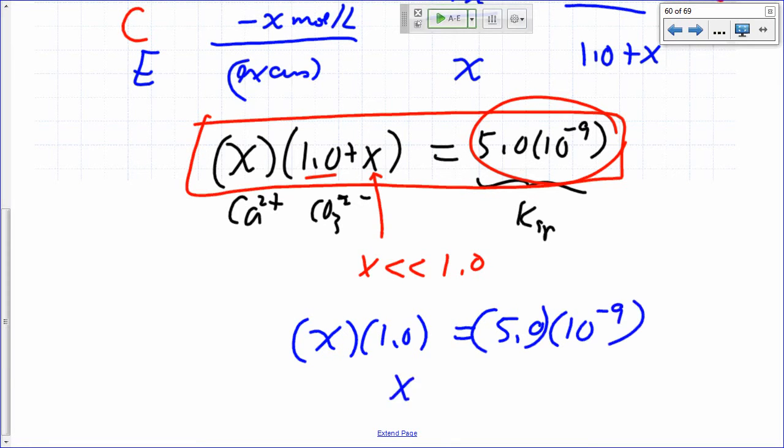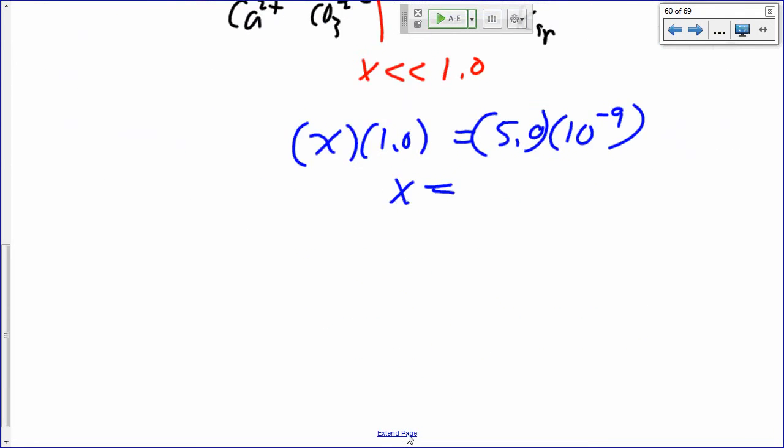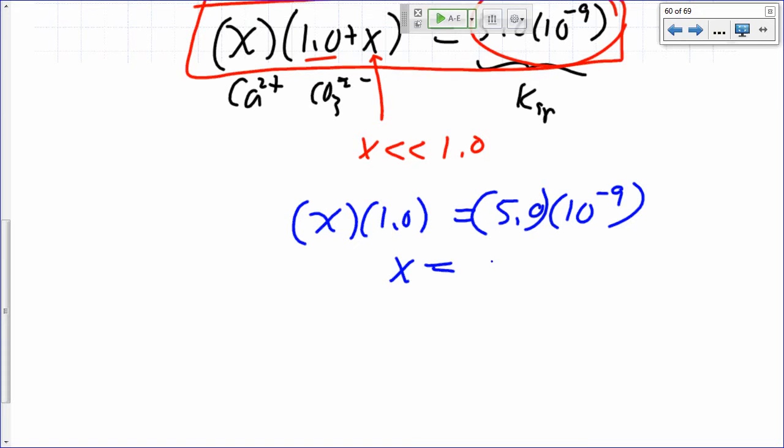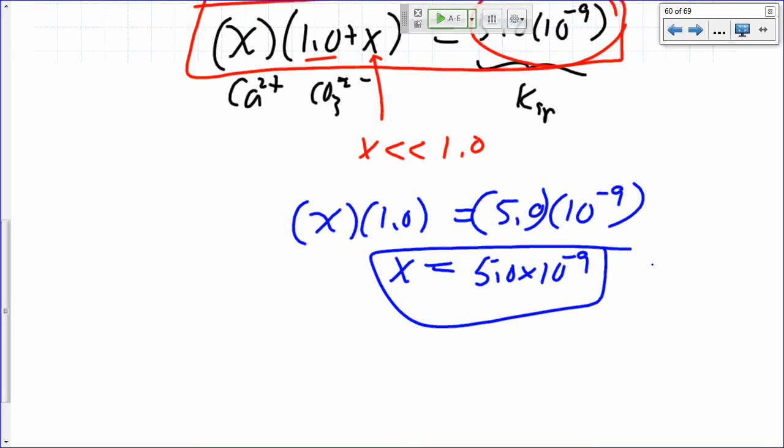How do I solve for x then? This makes it very easy. x equals 5.0 times 10 to the negative 9. Is that very small compared to 1?